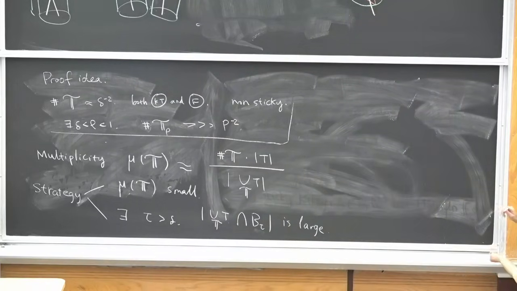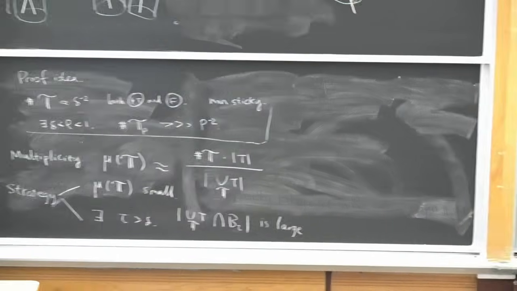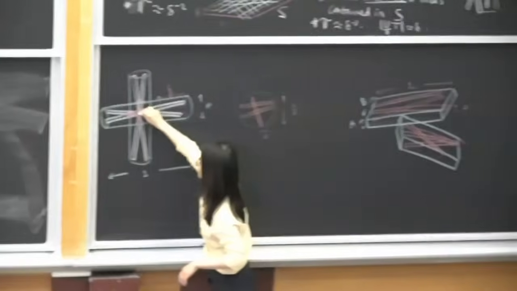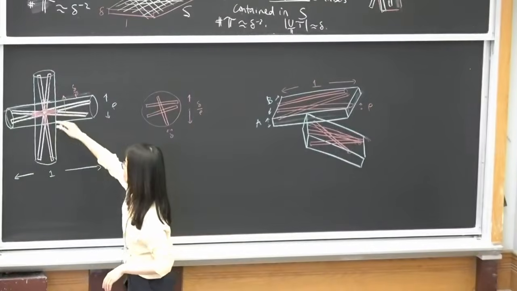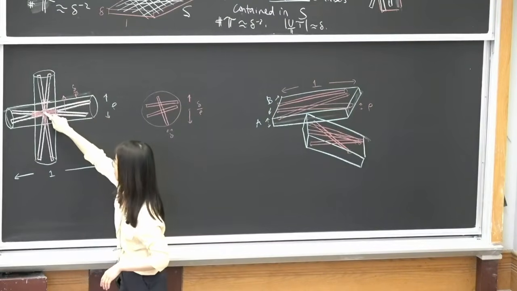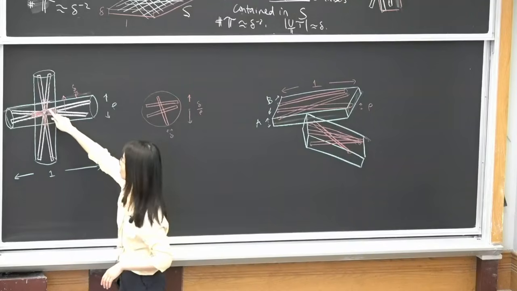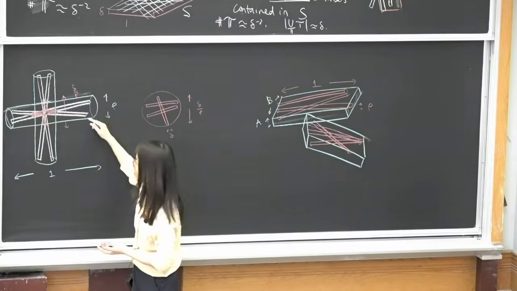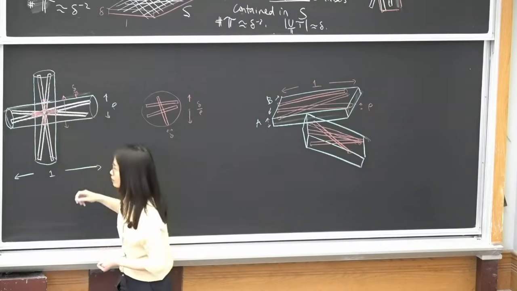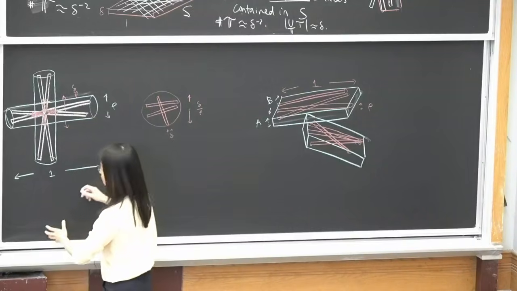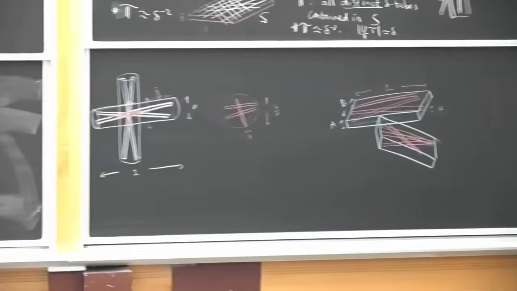Now we want to do induction on scales. So let's look at the picture. Let's say this multiplicity is the number of tubes through a typical point. At this point, the multiplicity in the picture is 4 because there are 4 tubes through it.